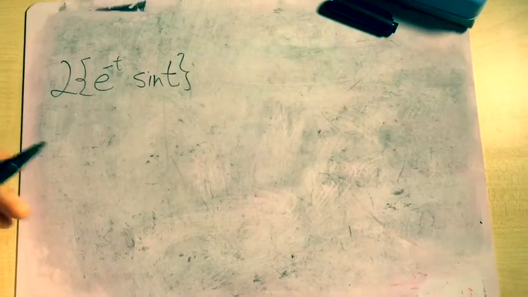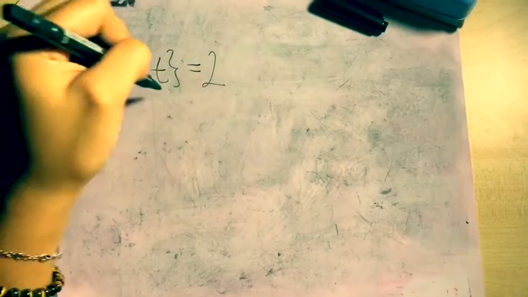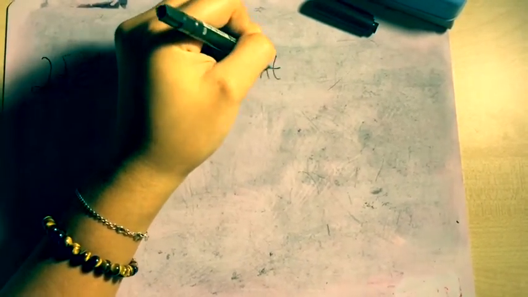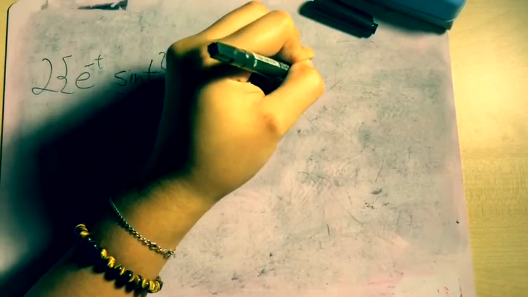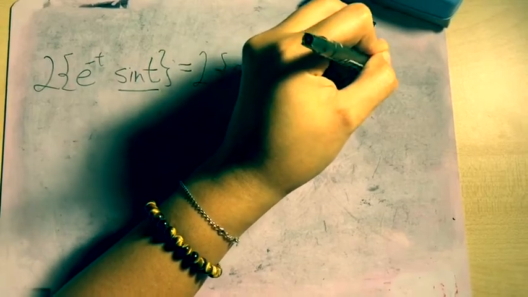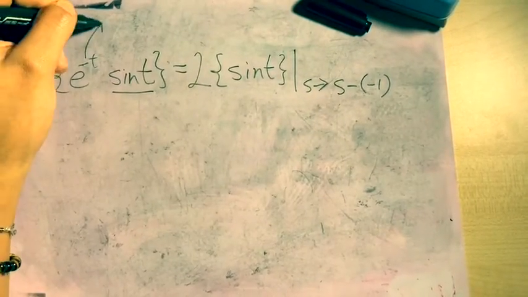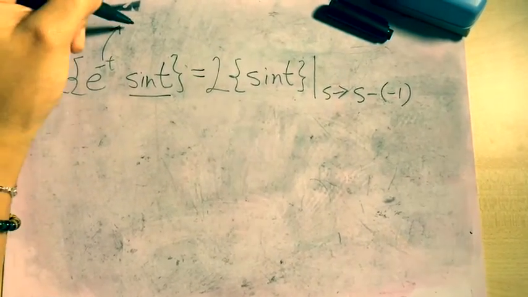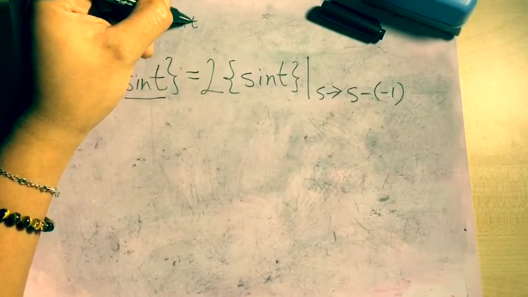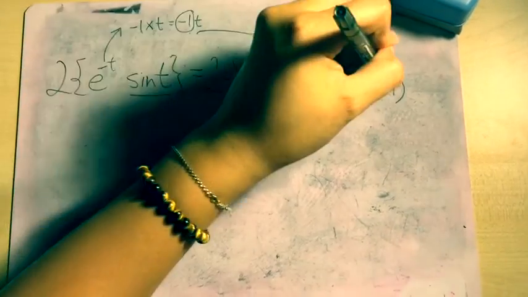Here's another example, negative this time. So again, we'll find Laplace transform of this e to the negative t sine t, letting s be s plus 1, because this is minus 1 times t, which is equal to minus 1t. We're just putting this in there.